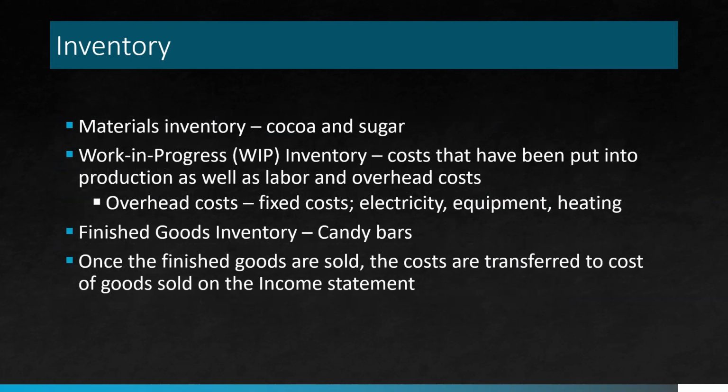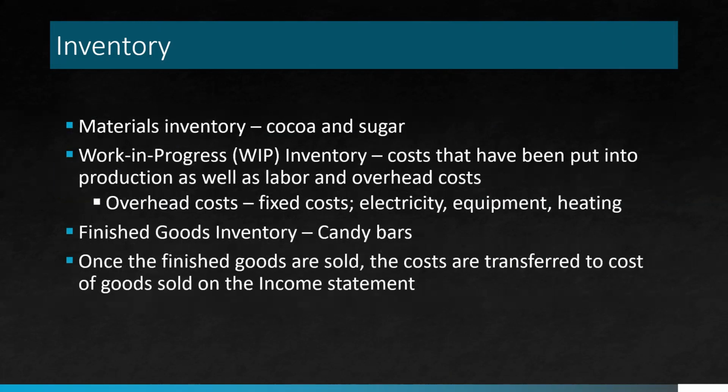So in this example, materials inventory, if you wanted to make a candy bar, your materials would be cocoa and sugar. And the work in progress inventory would be the costs that have been put into the production, as well as labor and overhead costs.